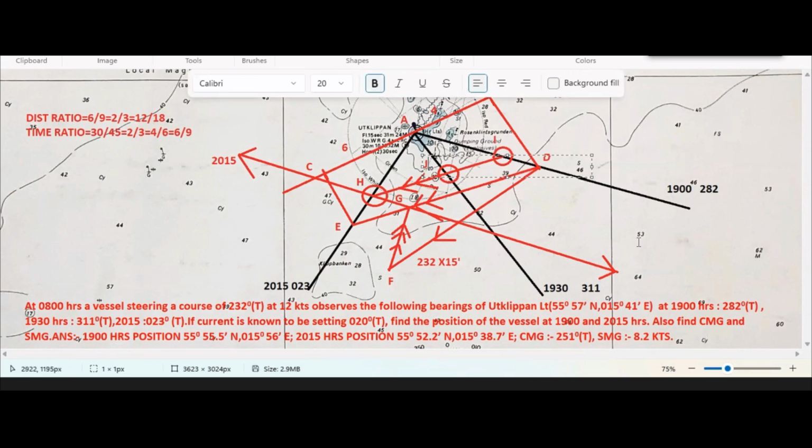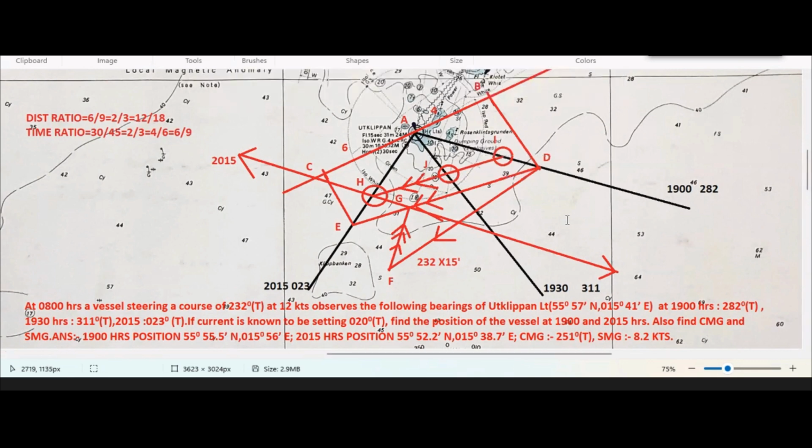Now you see that a parallelogram is formed. Delta Golf Hotel India is a parallelogram. Delta India and Golf Hotel are parallel.